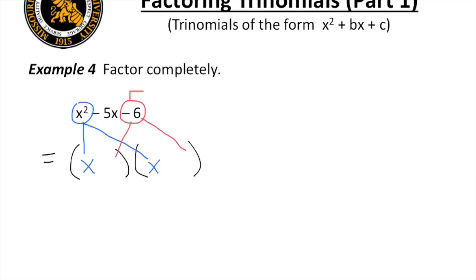Since this third term is negative, that tells us that the factors of -6 that will go into our binomials will be opposite in sign. So let's consider the factor pairs for 6.